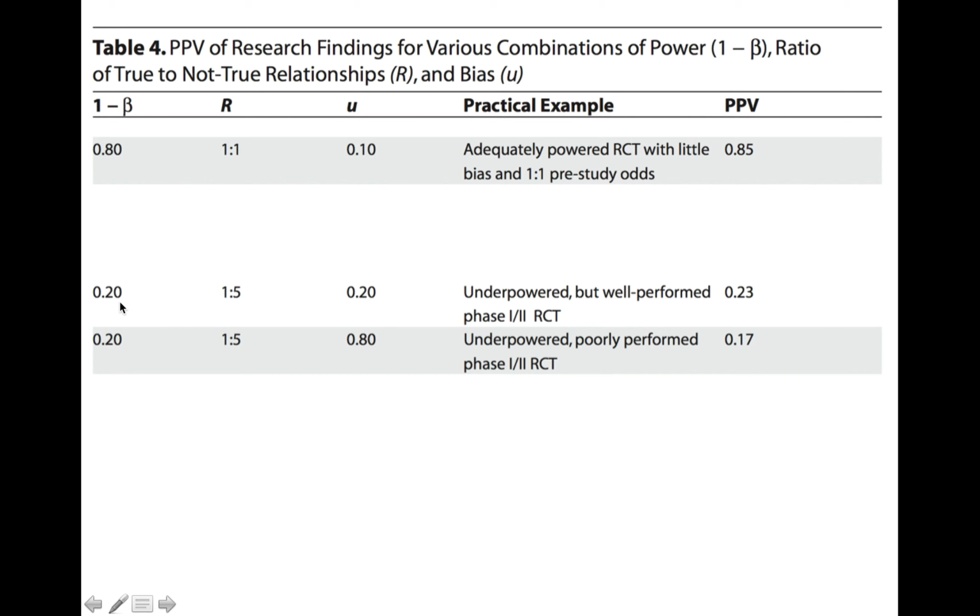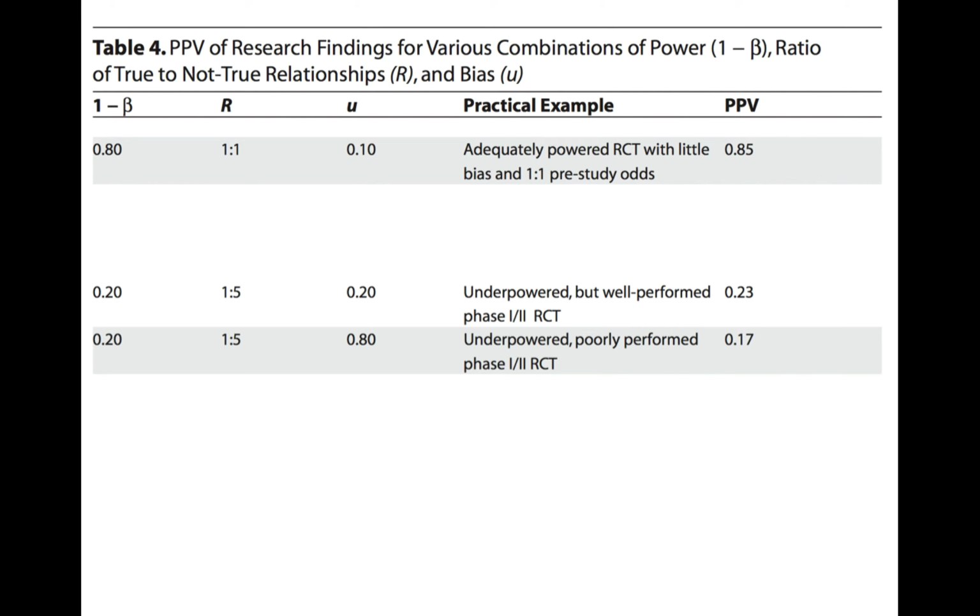Now if we go down here to 20% power, R is 1:5. So in other words, the ratio of true to not true relationships, it's that 1/4 that I showed earlier. There's a little bit of bias, low bias of 0.2. So it's an underpowered, but well-performed phase 1/2 randomized clinical trial. The PPV is 0.23.